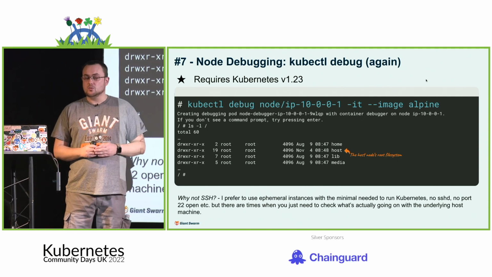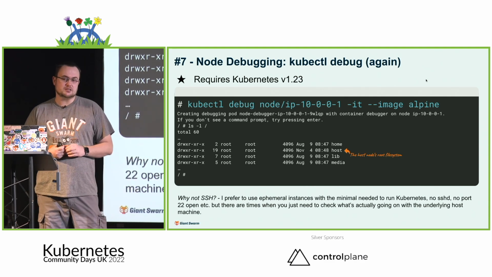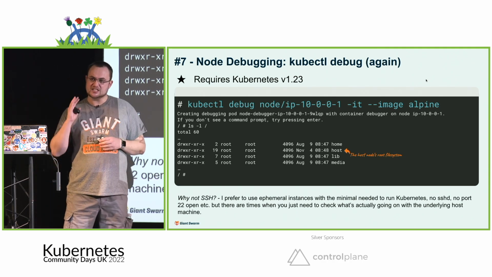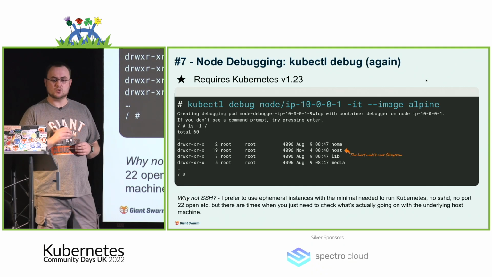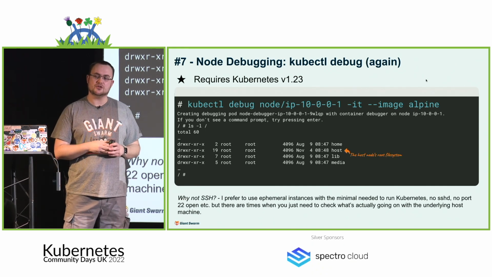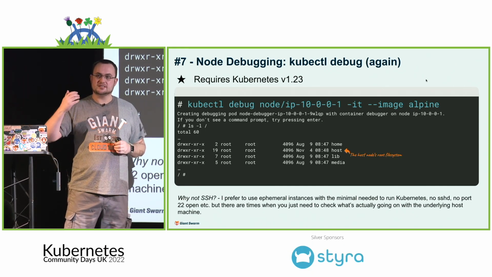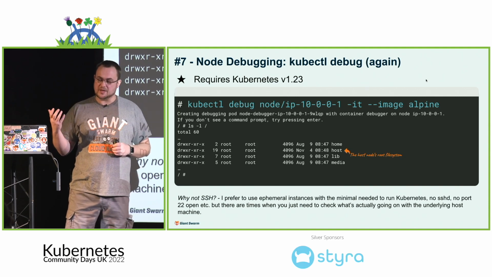When you run this command, a pod is launched in your cluster, scheduled specifically onto that node, and it's running in privileged mode where it attaches to the host system's root namespace.